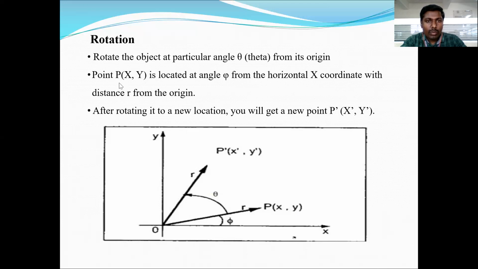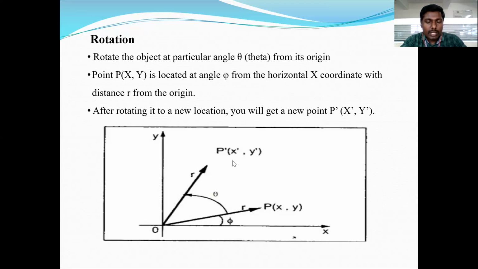Point P of x comma y is located at the angle phi from the horizontal x-axis, with the distance r from its origin. After rotating it to a new location, you will get a new point P dash of x dash comma y dash. This is what rotation will do.